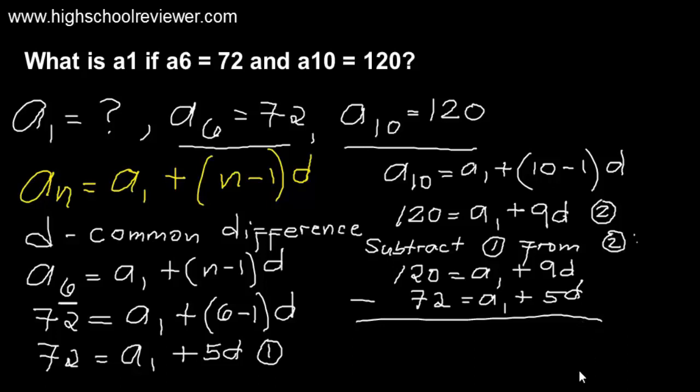This will give us positive 48. So we have here positive 48 equals a sub 1 minus a sub 1, which is 0, plus 9d minus 5d, that is 4d. So we have positive 48 equals 4d.